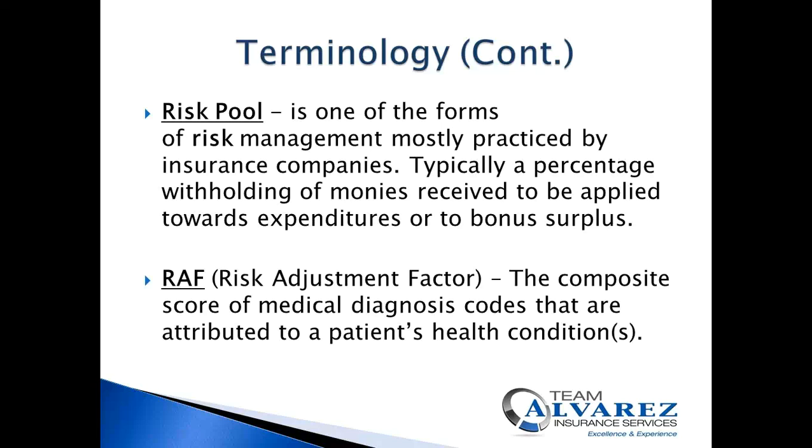But oftentimes, if there's inappropriate coding or lack of coding, then the RAF is going to be lower than what the actual patient's conditions are. And really, the RAF is what dictates how much payment is received from the plan.